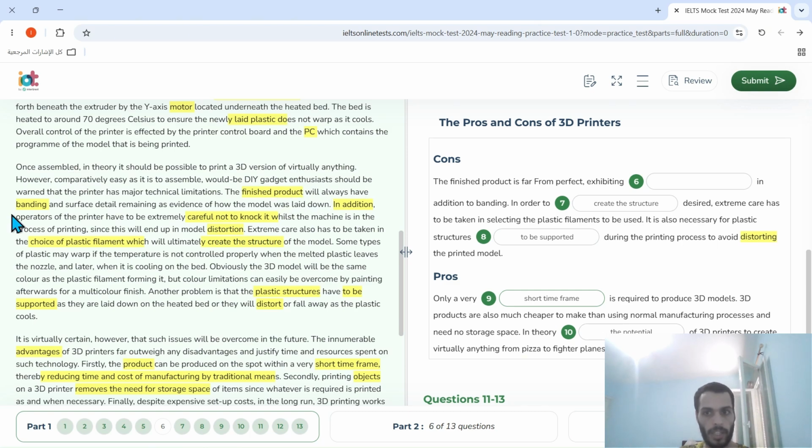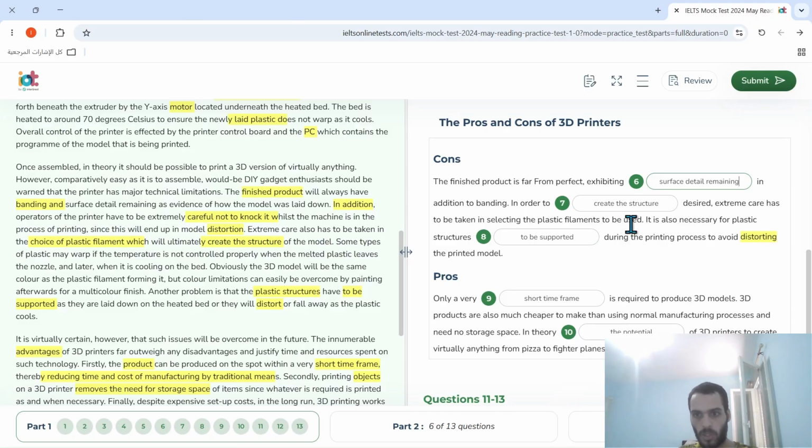Exhibiting banding in addition to banding and surface detail remaining. Okay.